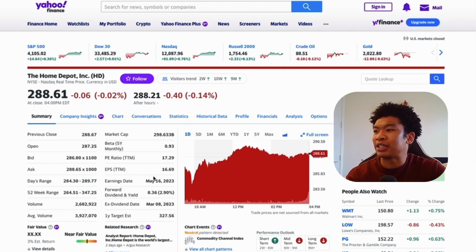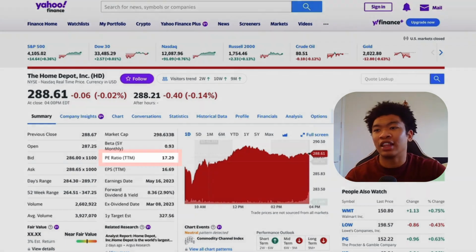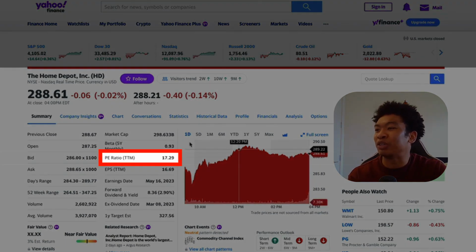Now, going back to PE ratio, you'll see this term thrown around a lot when you read or hear about stocks on the internet. But in reality, this ratio doesn't really mean much unless you're comparing it to other companies that are in similar lines of business. Like me saying that Home Depot's PE ratio is 17.29 means nothing by itself.